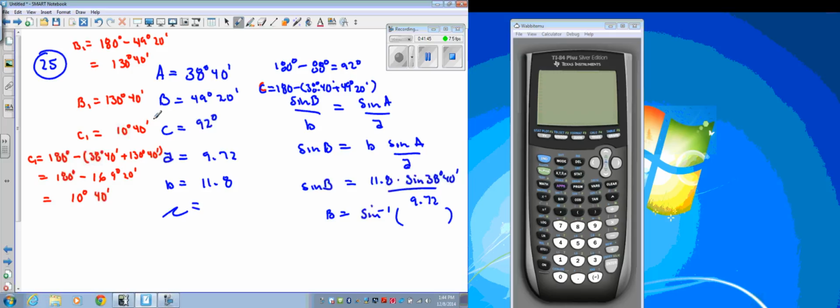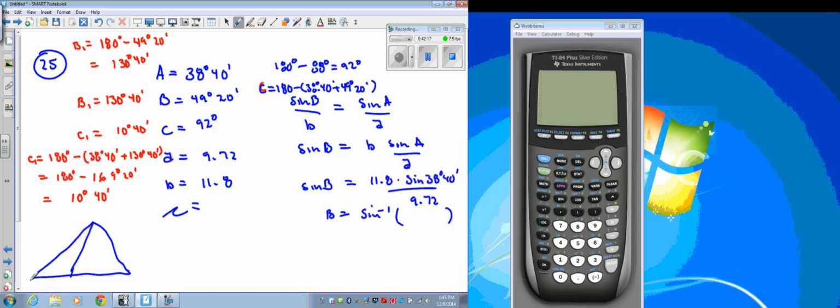Then there has to be a C, and what's the C? This is the one that has the same length in it.